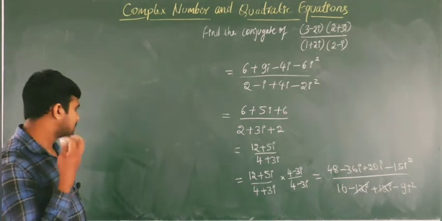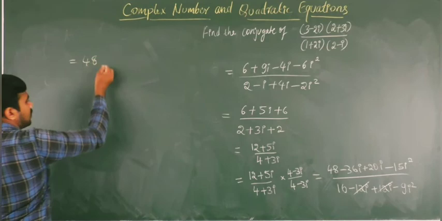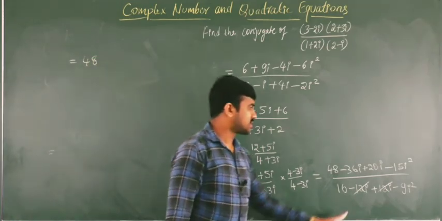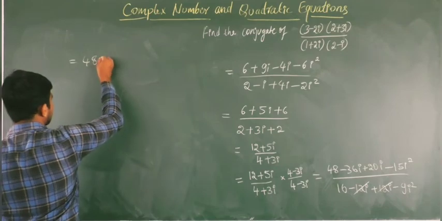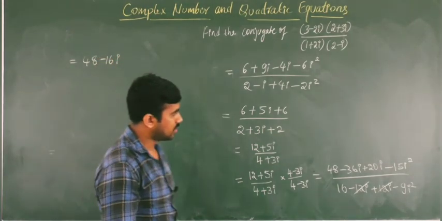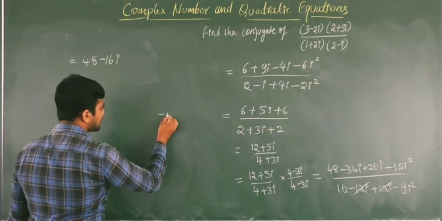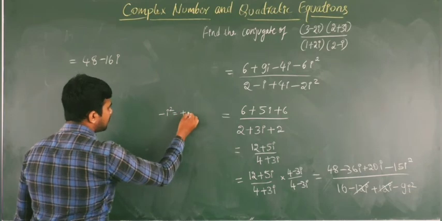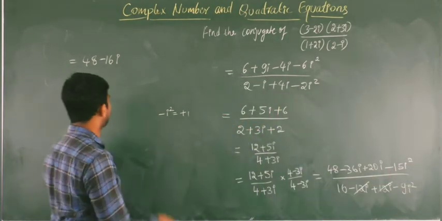And what is the numerator? See, 48 minus 36i plus 20i, that is nothing but minus 16i. Minus 15i square: minus i square is nothing but plus 1, so 15 into minus i square is nothing but 15 only.